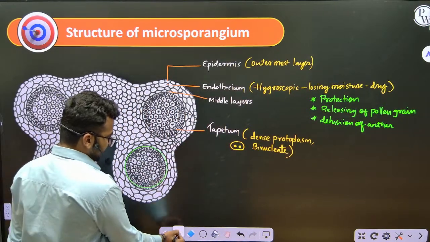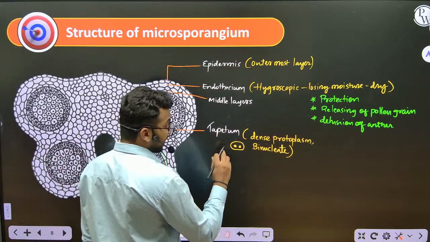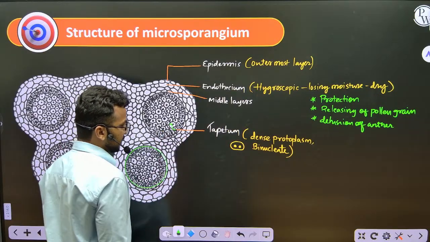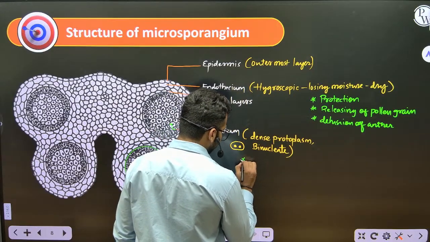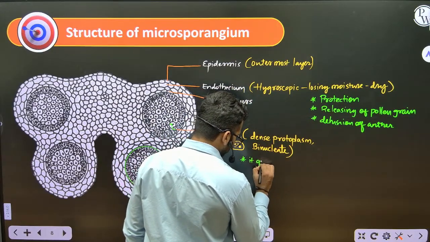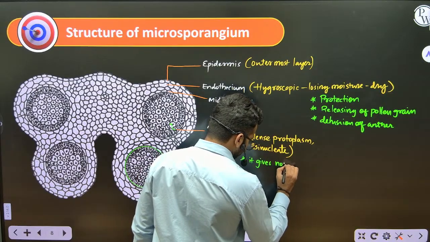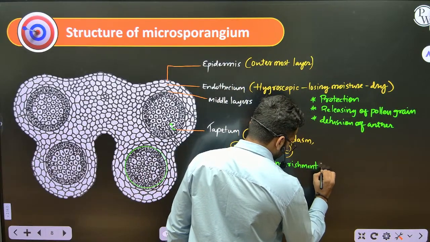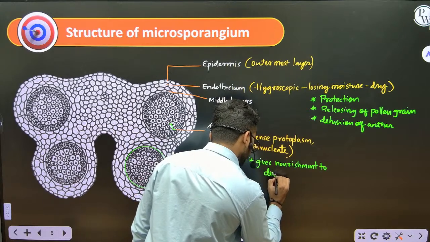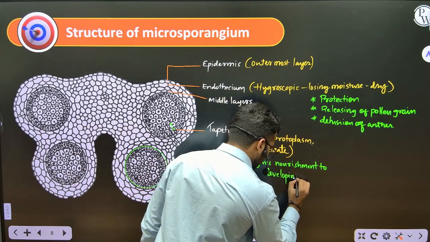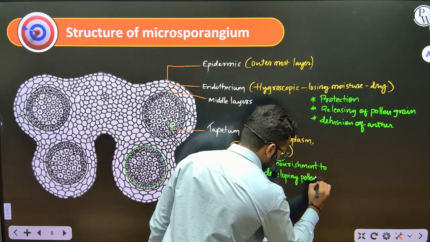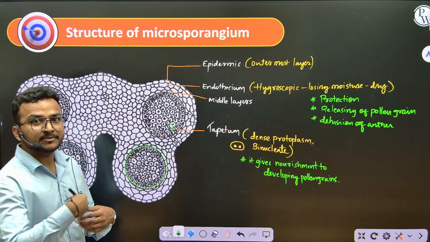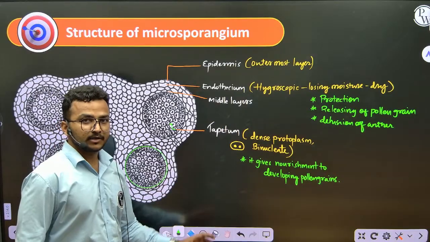Coming to the function, it has a very good function, where it nourishes the developing pollen grains. It gives nourishment to the gametes to continue the development.